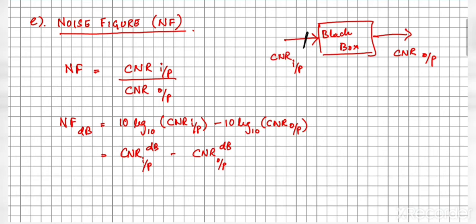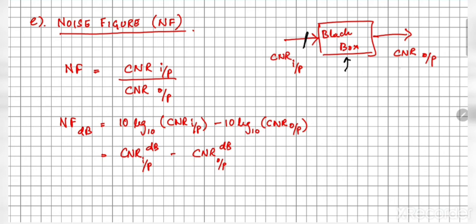So both the signal and the noise at the input will be amplified or attenuated by the same factor. Under ideal circumstances, this black box adds no additional noise, and even with this gain or loss, the CNR at the output, the ratio of carrier power to noise power, will stay the same.